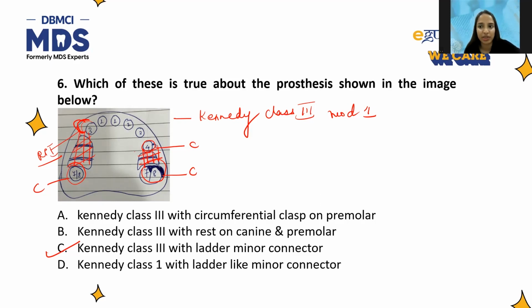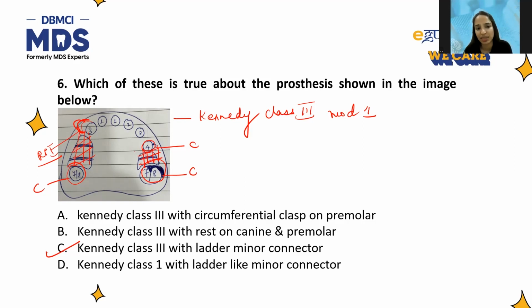So for this particular question, I give you an example. If you remember that it was a Kennedy class 3 situation, and there was something pertaining to the designing of it or components of it, I will just open up how a Kennedy class 3 arch in maxilla and a Kennedy class 3 arch in mandible is designed.